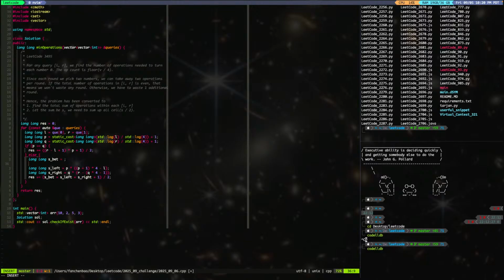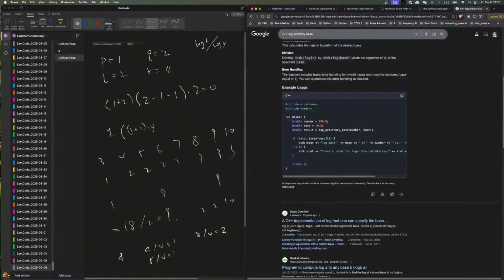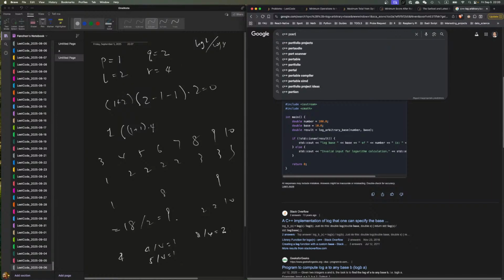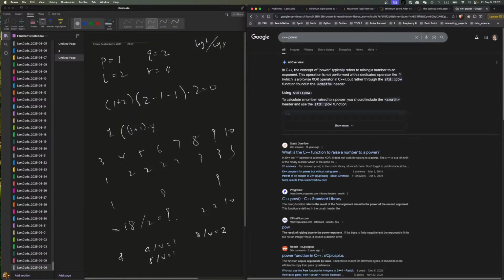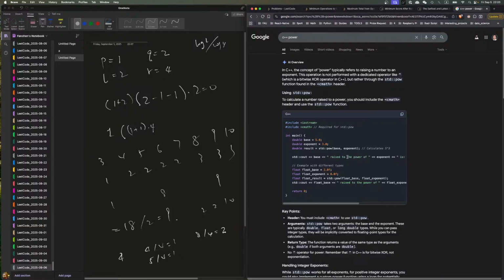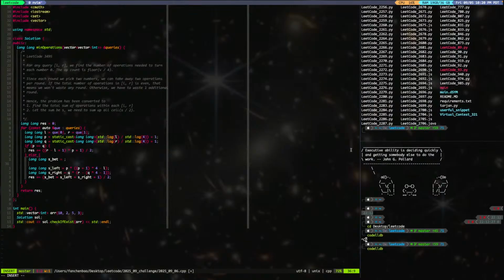So basically, this is saying we need to find out what is. So we need to do to the power. So std pow, something to the base of the power. Okay. So essentially, what we need to do here is to find the next one, right?